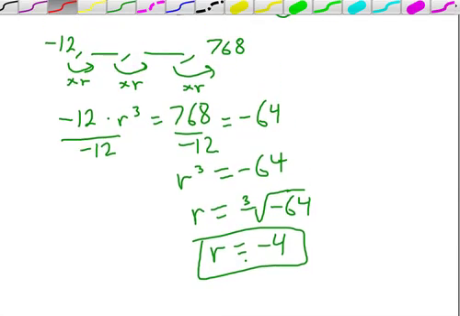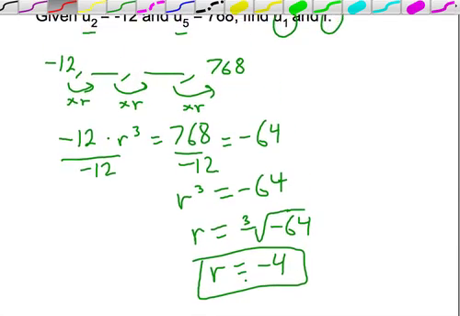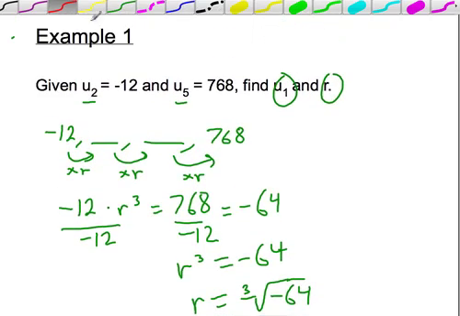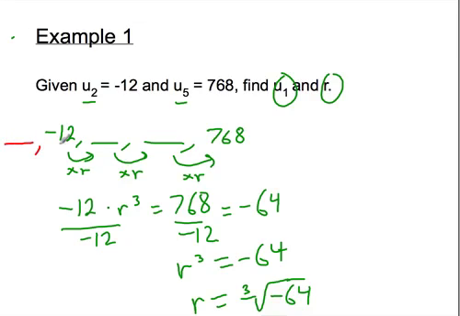Well, you can actually just take your R value now and find U1. So this is U2 is -12. To get to U1, you need to divide by the R value, which is -4. So we're going to divide by -4, and we get a 3.